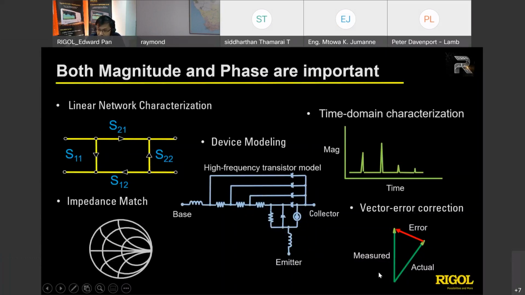And we need to verify the vector error correction information like this one. Of course, you can use EDA tools to do the simulation, verifying and simulating the circuitry and diagram first, and then go to the real test and measurement with the network analysis tool. Okay.